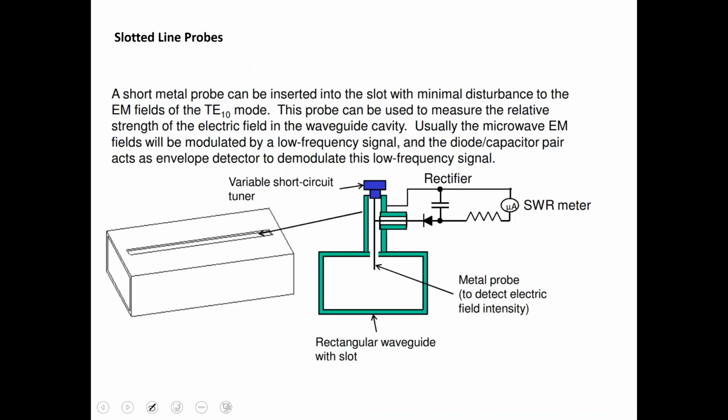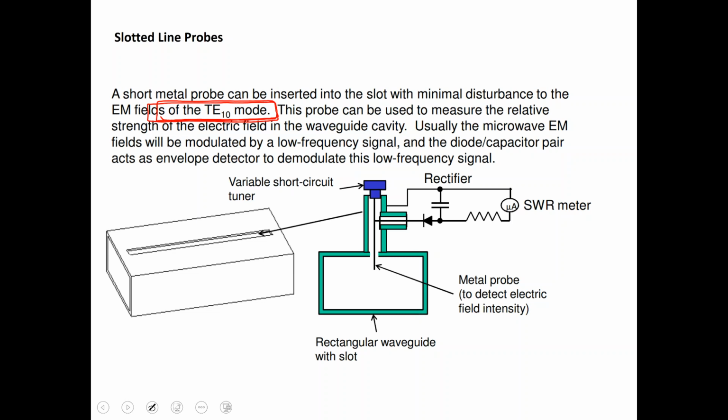A typical slotted line probe is basically a short metal probe which can be inserted into the slot, and it will create minimal disturbances to the electromagnetic field for the TE10 mode only. It's only true for the TE10 mode which has that kind of distribution.